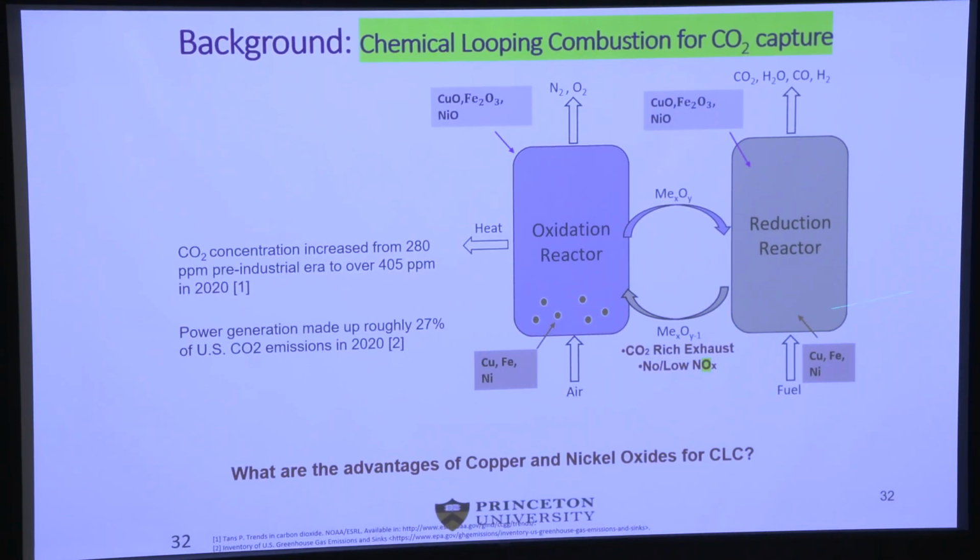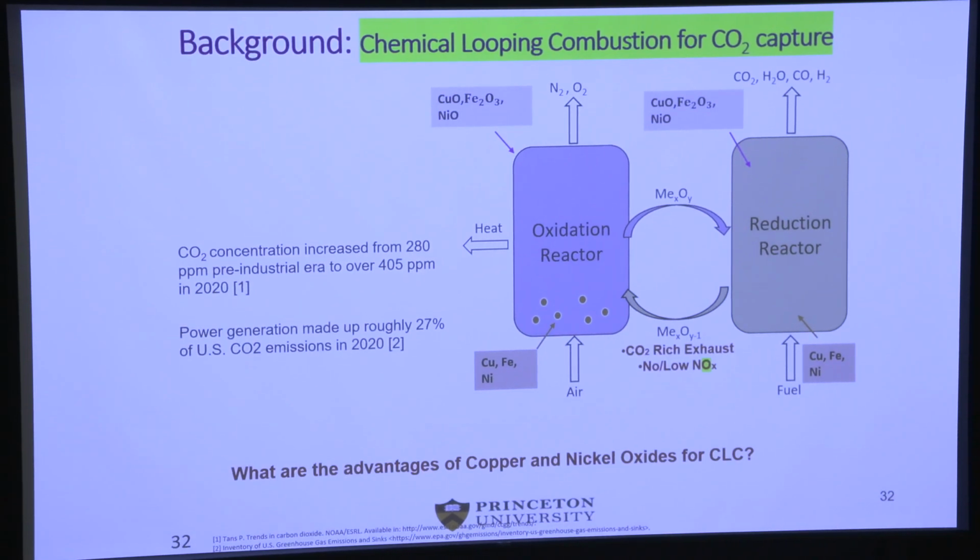So this has been pursued for a long time. The National Energy Technology Laboratory, NETL, has a big demonstration plant, and they try to do this chemical looping. But for chemical looping, a lot of people use copper, and a lot of people use nickel oxide.